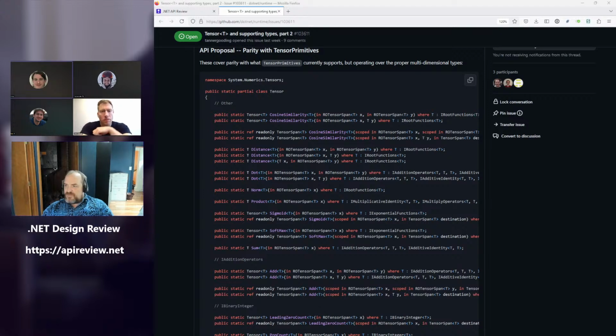If you had a by value tensor span local, like tensor span x, and then you said x equals y, that has the potential to tear. But that's also stack local, and the runtime in general says that stack locals are not presumed to be cross-thread visible and is allowed to make optimizations assuming that they're single-threaded.